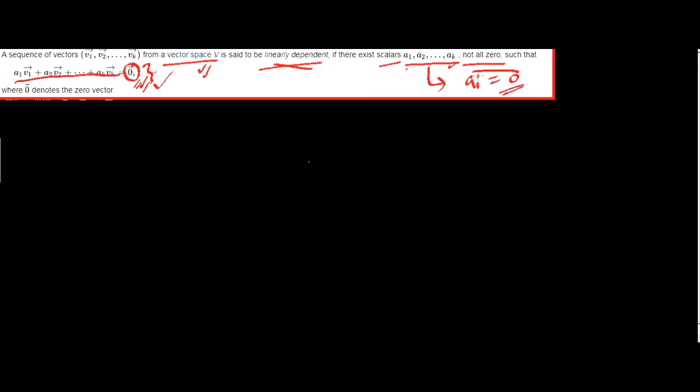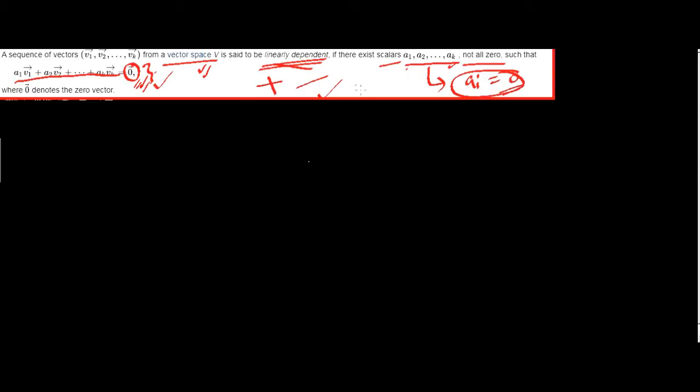If this is the only solution that exists, then we say that this sequence of vectors is linearly independent. Linearly independent vectors are very important in linear algebra. They play a crucial role in representing the vector spaces.